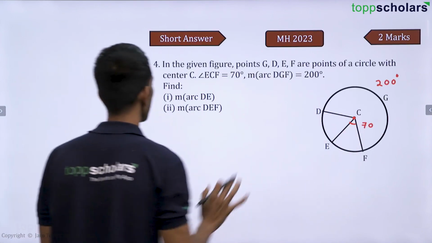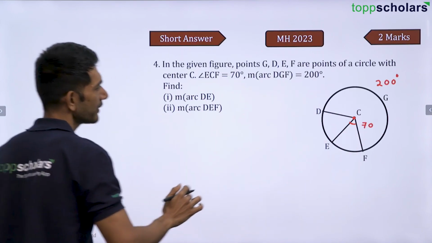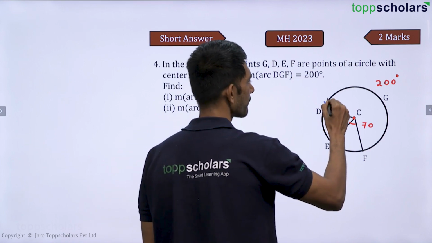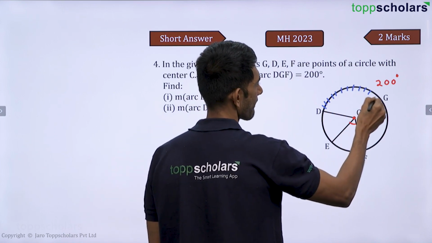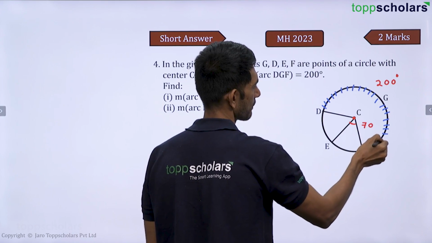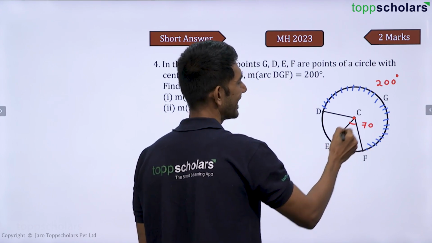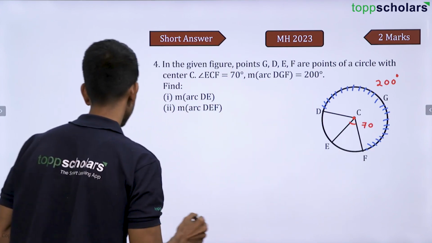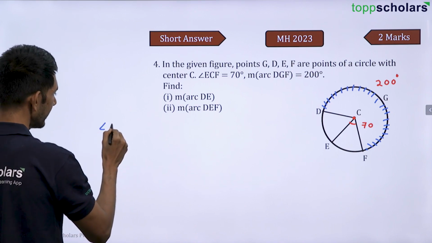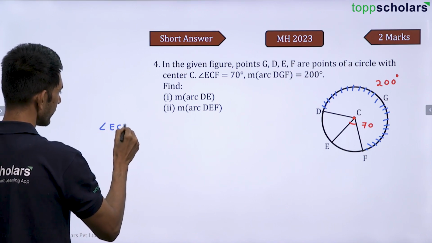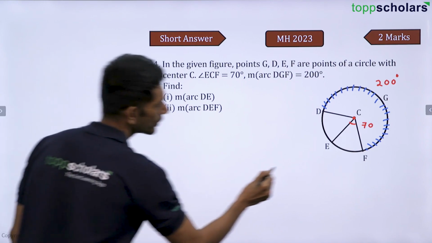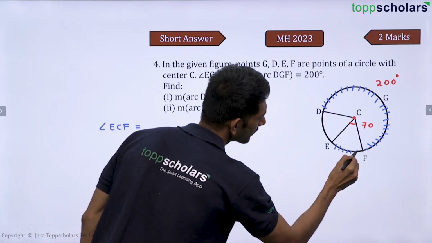So let's focus on solving it first. The given information is already here. Now see, this is 200. Angle ECF is the central angle. So can I say angle ECF is equal to the measure of this arc?